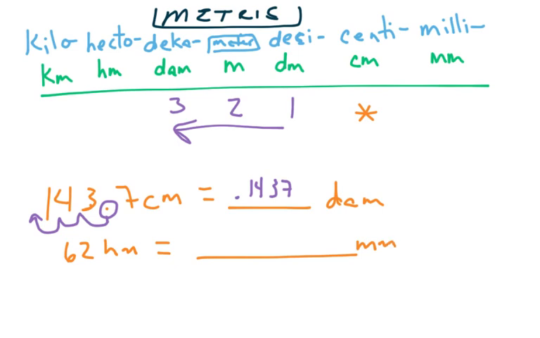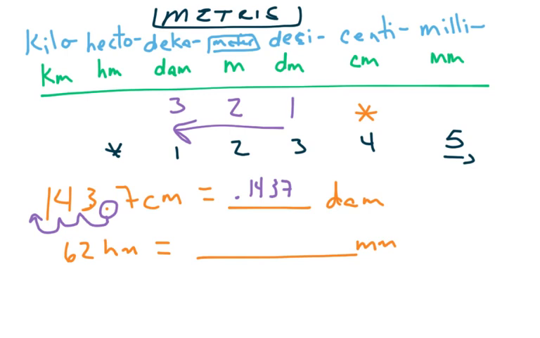So once again, I place myself up on my strip, my labels here, at my hectometer, and I count to get to millimeters. 1, 2, 3, 4, 5 steps. And which direction did I walk? I walked to the right. So I'm going to move my decimal point 5 spots to the right.